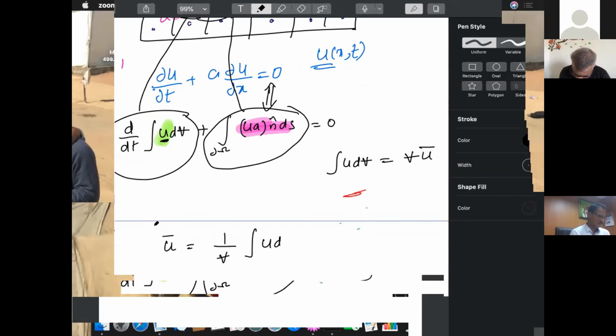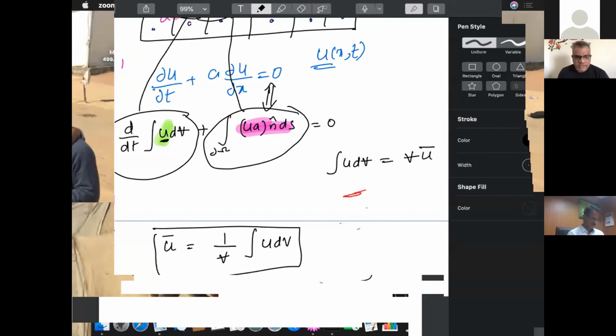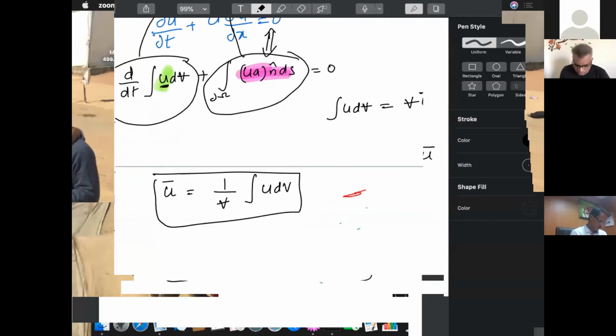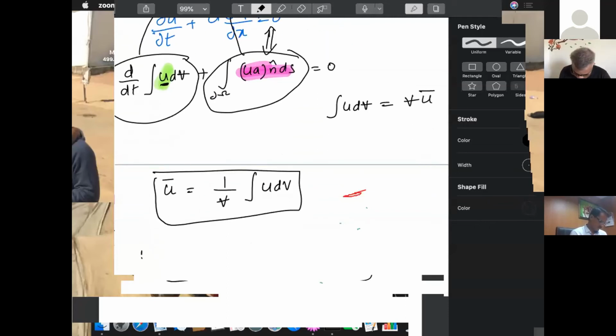This is basically the average of a given quantity in a general field, or basically a volume weighted average. So replace this integral by this quantity here. If you replace that quantity, you have d by dt of u bar plus integral of u_n a times ds equal to 0.